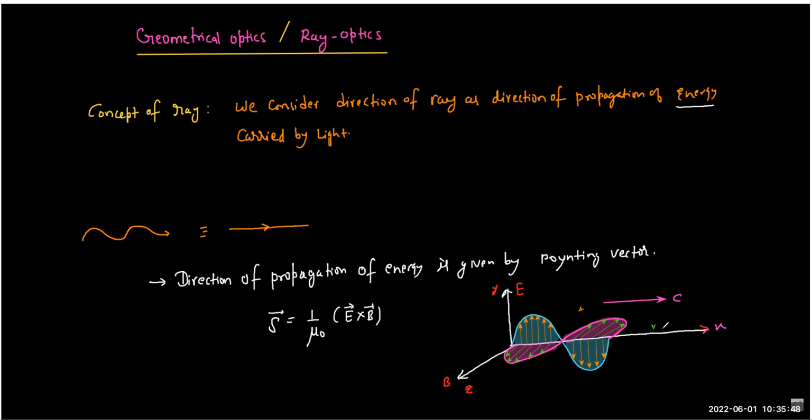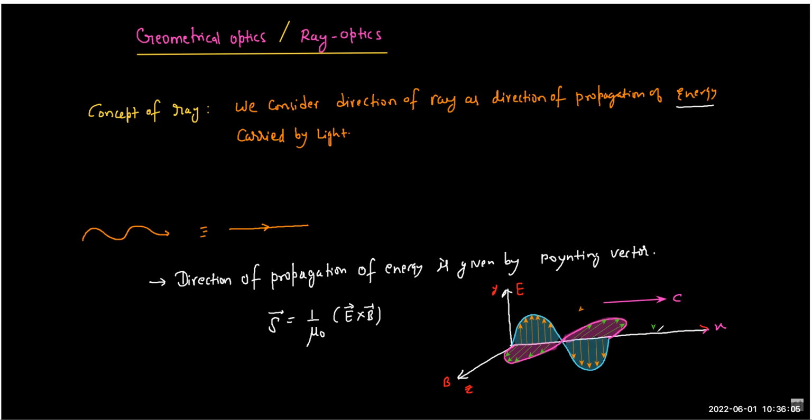The concept of ray optics is applicable when the light intercepts objects which are much bigger in size compared to the wavelength of light.